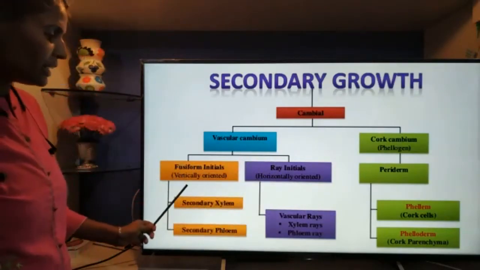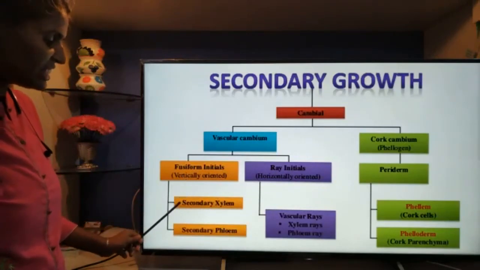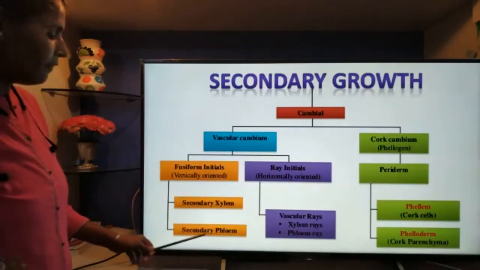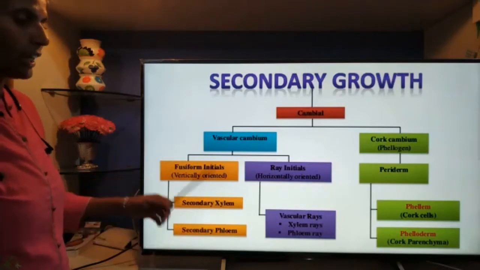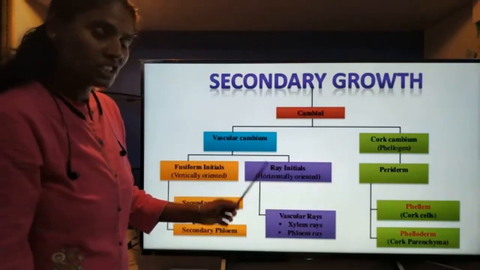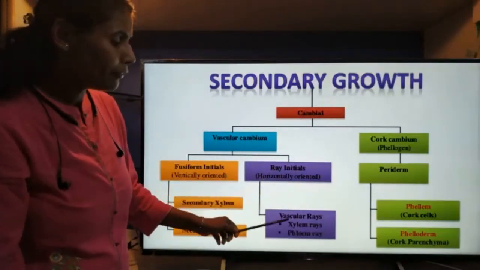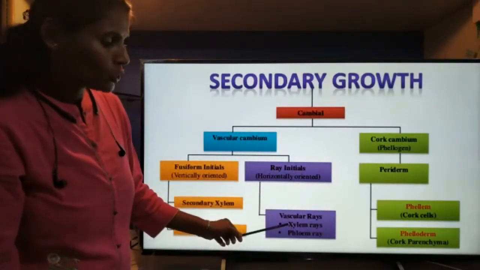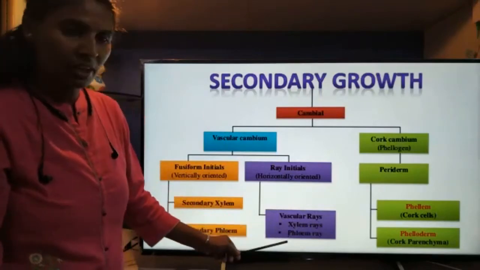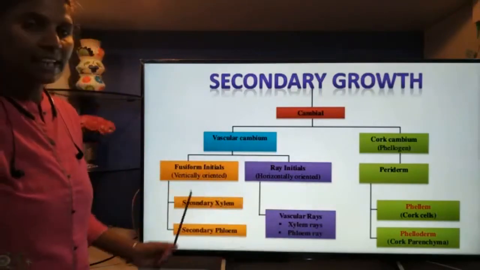These fusiform initials divide and form the secondary xylem towards inside and secondary phloem towards outside, whereas ray initials, which are present in between the two vascular bundles, divide and form two different types of tissues called xylem face and phloem face, which is taking place at the stelar region.